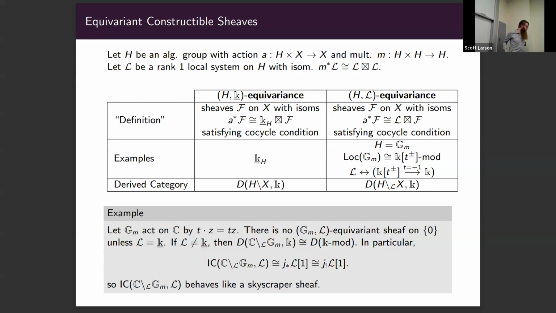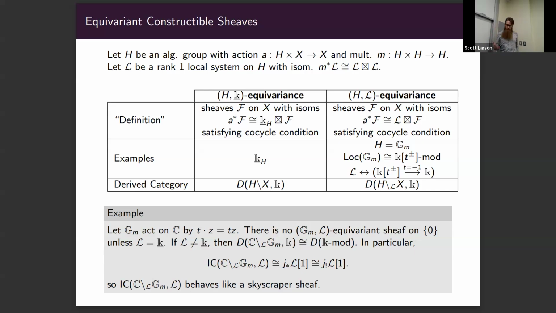If we have an algebraic group H, we can look at a local system that is rank 1, so it has one-dimensional fibers, and we can ask that when we pull back along the multiplication map, we just get two copies of the local system. And one interpretation is that if we work with representations of fundamental groups instead of local systems directly, then this corresponds to some algebra structure on the representation.